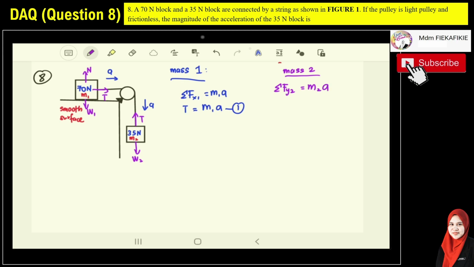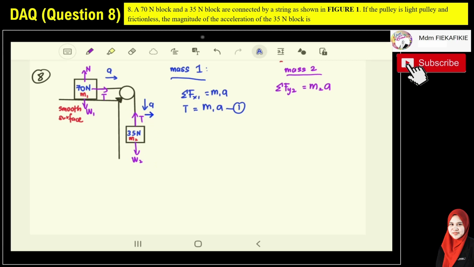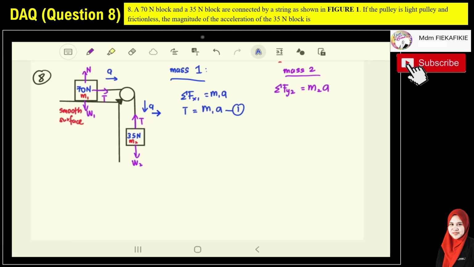Now look here, don't make mistakes: W2 is in the same direction as the acceleration, so W2 minus T, not T minus W2. You need to look at the direction of the arrow. W2 and a are in the same direction, so it's W2 plus negative T, because T is in the opposite direction.